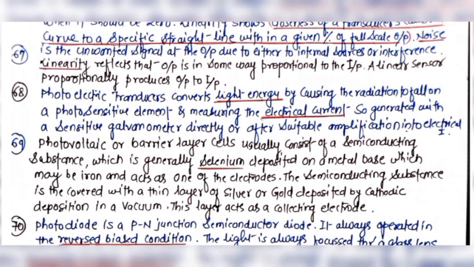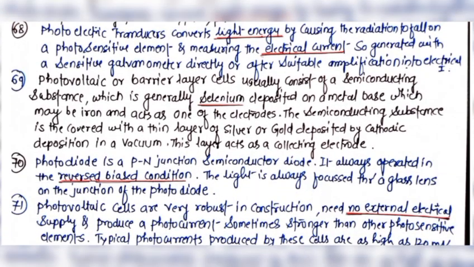Photoelectric transducers convert light energy by causing the radiation to fall on a photosensitive element and measuring the electrical current so generated with a sensitive galvanometer directly, or after suitable amplification, into electrical current.